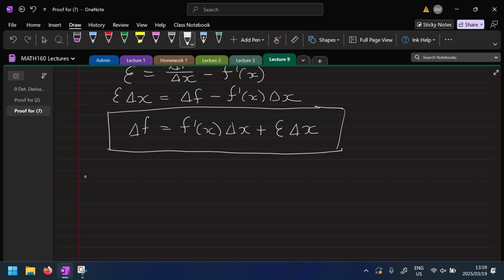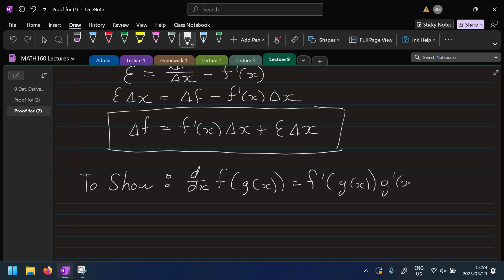What we want to show is that the derivative of f of g of x is f prime of g of x times g prime of x. That's what we want to get to. Now we're going to do it a little bit differently.